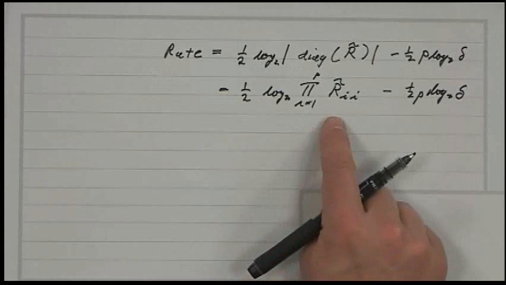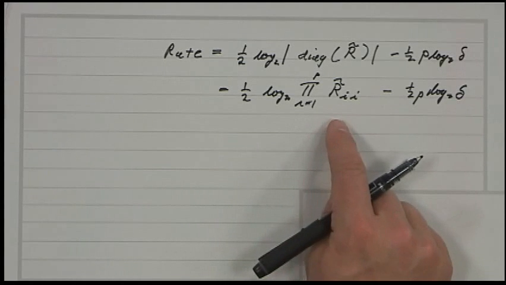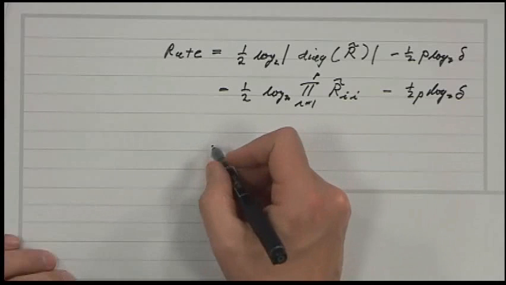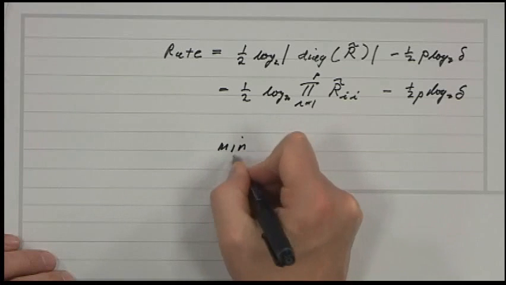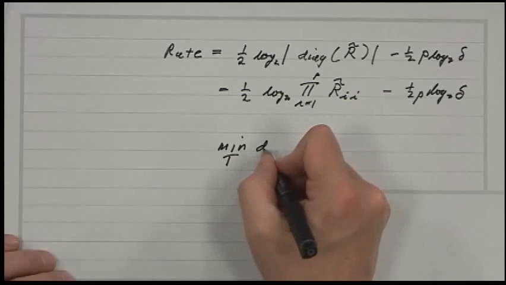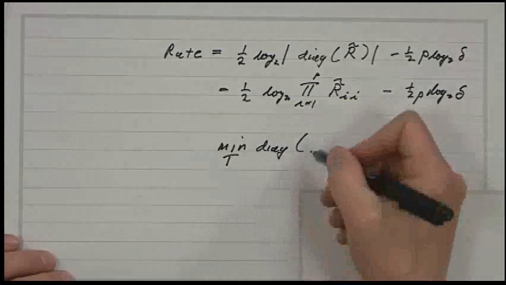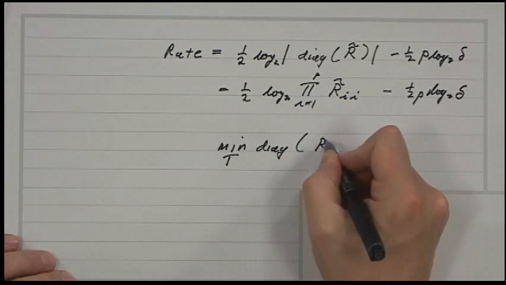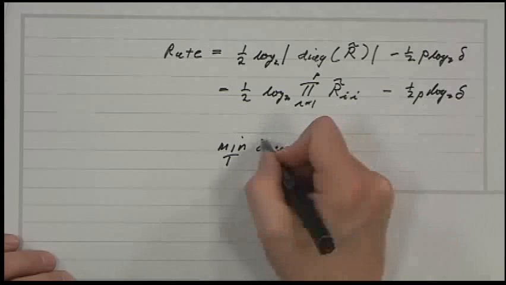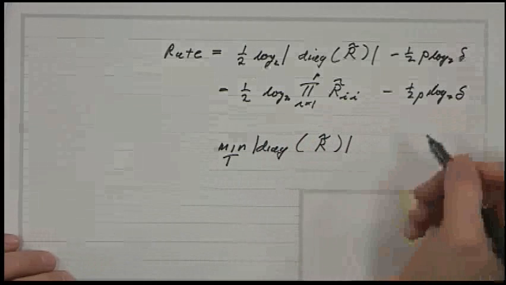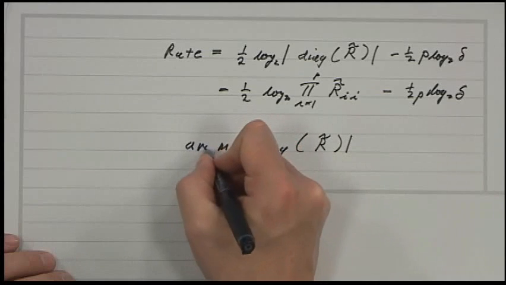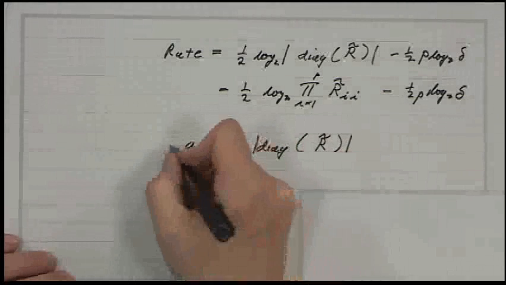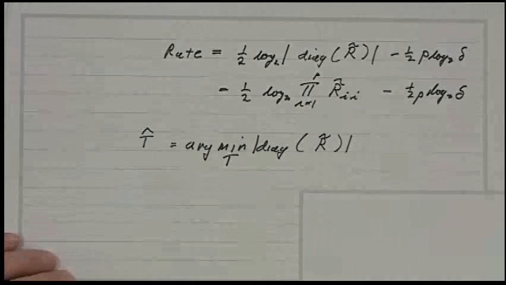But this is just a constant. So now I can ask myself, what's the minimum over t of the determinant of the diagonal of r tilde? And in fact, the value of t that minimizes this would be the best t.